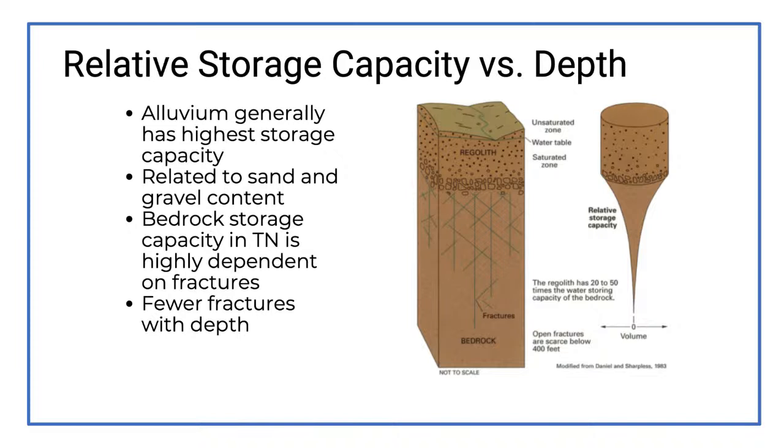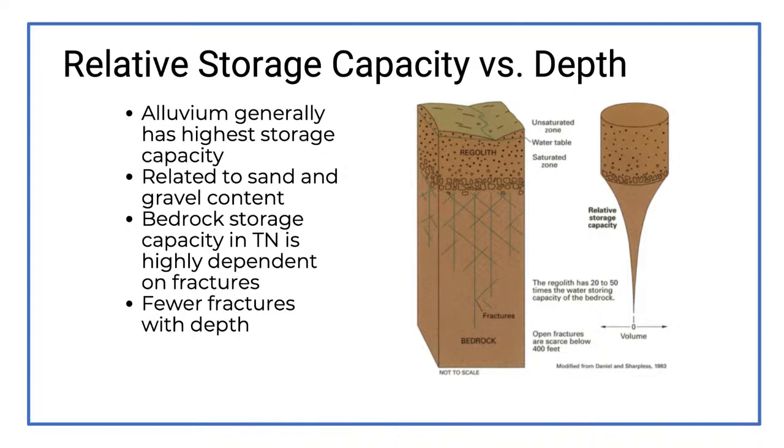Now, when we're looking at karst, generally karst is 200 feet or less. And maybe you get some paleo karst, but we'll talk about that next week. But generally 400 feet or less in a fractured bedrock is a good rule of thumb.